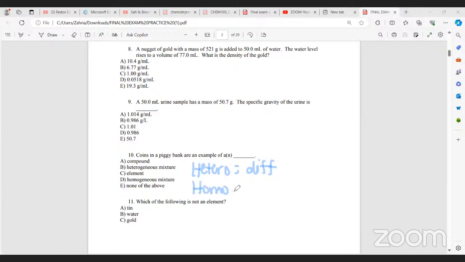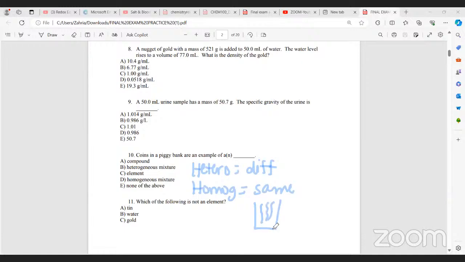Homogeneous, okay, means same. That means girl, girl, boy, boy. But when we also think about homogeneous mixtures, typically in chemistry, that means it has the same consistency throughout.